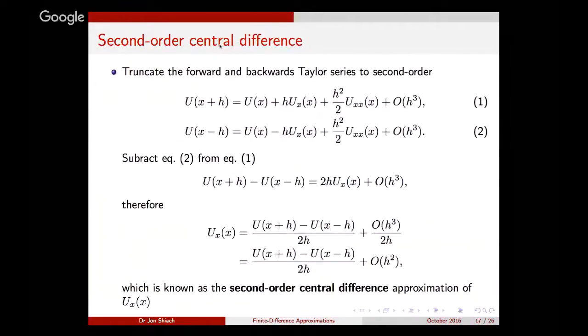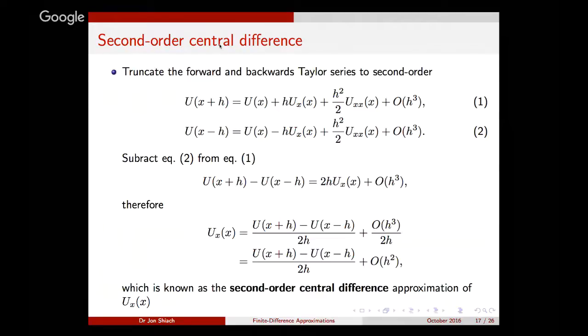What if we wanted to increase the order? So instead of taking a first order Taylor series, what I've done here is I've taken a second order Taylor series expansion, ignoring any term after third order. I've taken a forward and a backwards one.